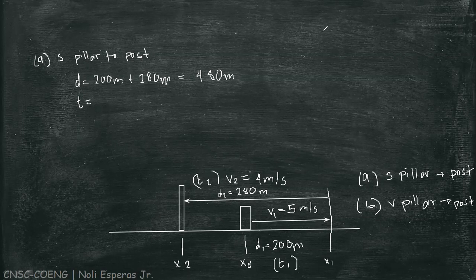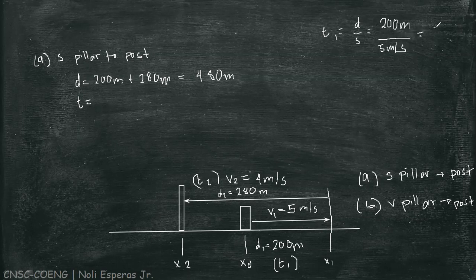T1 represents the first speed. To solve for T1, using the distance formula, we have distance over speed. So T1 is 200 meters divided by 5 meters per second.